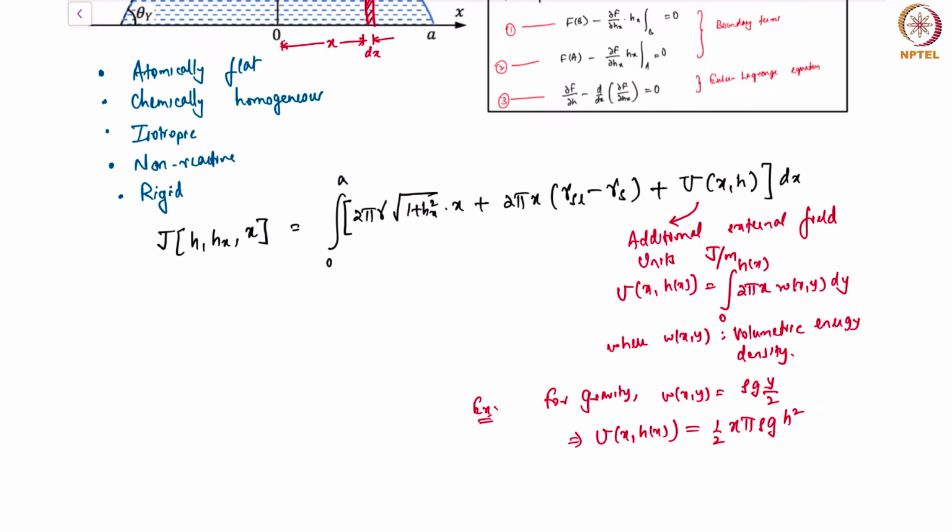The reason I wrote this in the form of u of x comma h rather than just gravity is because I also want to emphasize that this variational approach that we are trying to employ in some of these problems is a very, very powerful technique, and it can be easily extended to other kinds of external fields. It is not necessarily a drop in a gravitational field. The drop could be in other kinds of fields, and the variational approach naturally carries forward to such a situation.